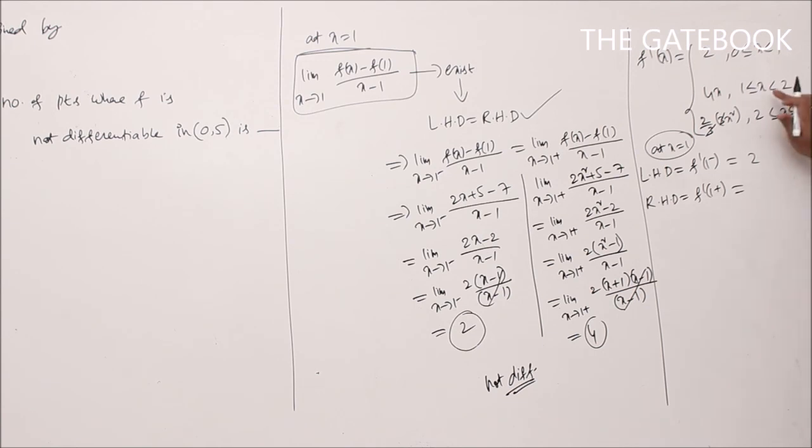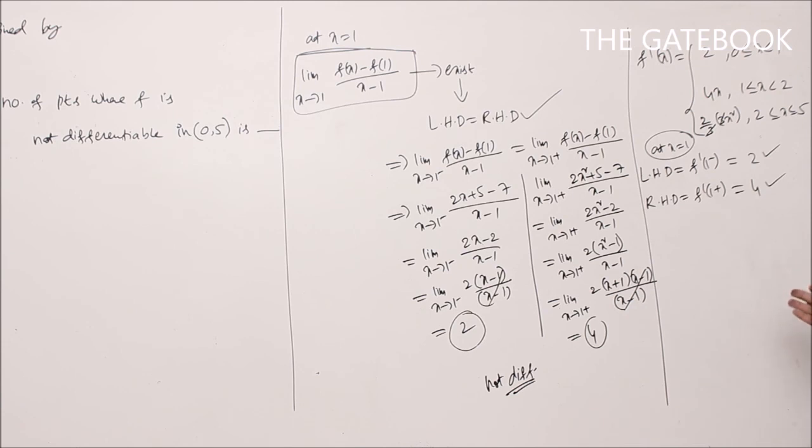When x is greater than 1, the corresponding function is 4x. Replace x with 1, we get 4. So we get LHD 2, RHD 4. LHD is not equal to RHD, therefore the given function is not differentiable at x is equal to 1. So this is the shortcut method to check differentiability, or we can go for the definition also.